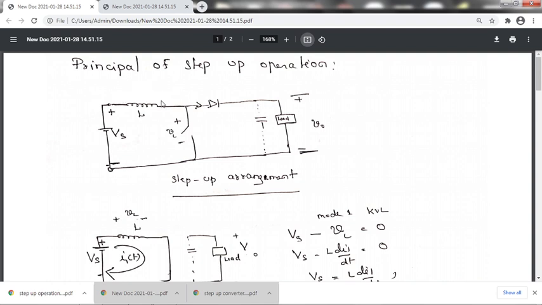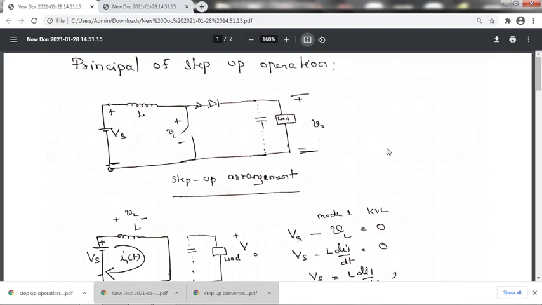So the induced EMF is adding with the source voltage. These two voltages will transfer energy from the source side to the load side. So this diode is forward biased. This energy added with this energy, and finally the sum is transferred to the load.